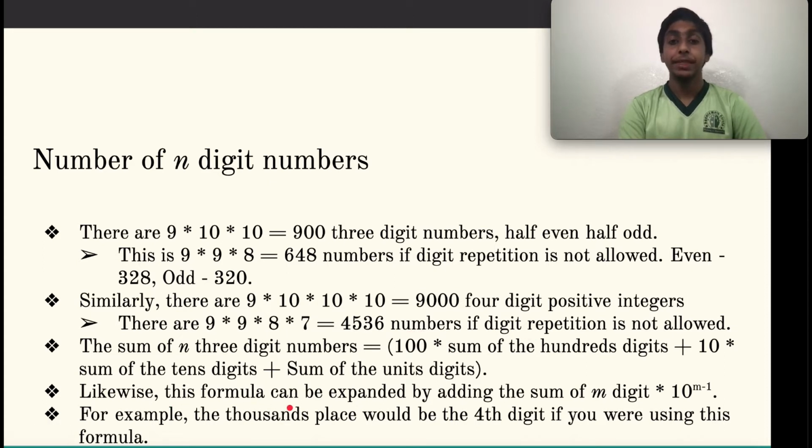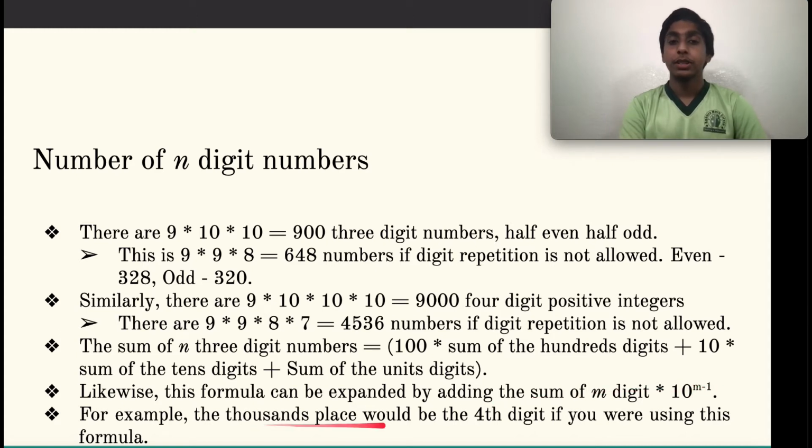Likewise, we can expand this if we're going to be doing 4 digits or 5 digits. We just need to add one more at the front that says 1,000 times the sum of the 1,000th place, right? So likewise, we can expand this by adding the sum of m digits times 10 to the power m minus 1. So like the sum of the thousandth digits times 10 to the power, so 1,000th would be 4, right? 4 minus 1, 10 to the power 3.